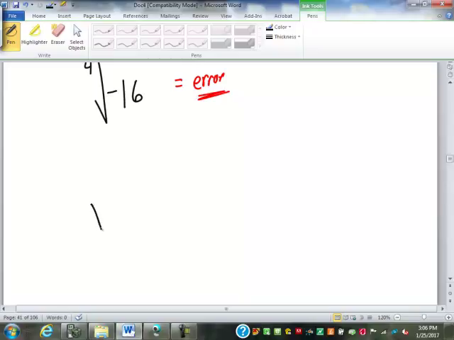So if I want to do the square root of a negative 1.44, what am I going to get? What did it tell you? It's an error. Very good. It's the square root of a negative number.